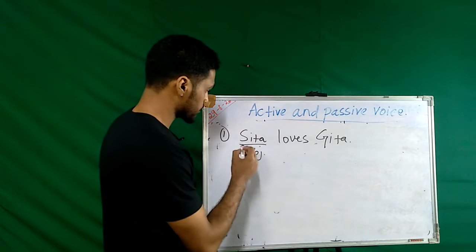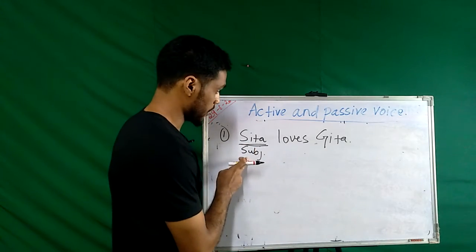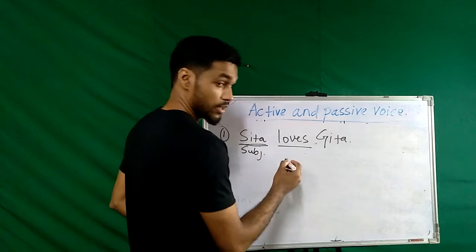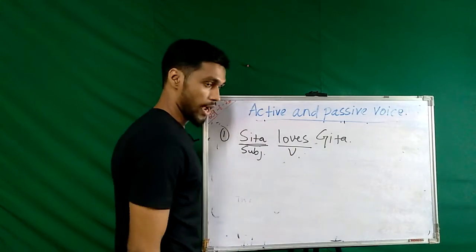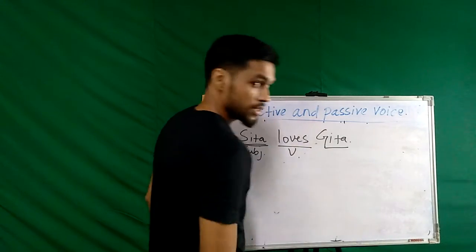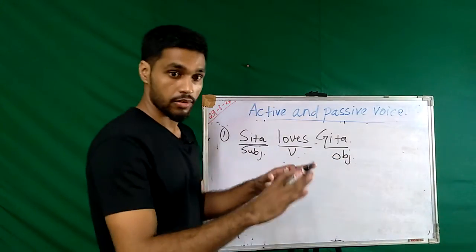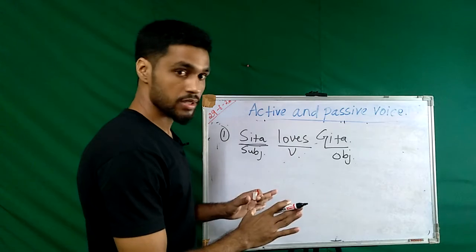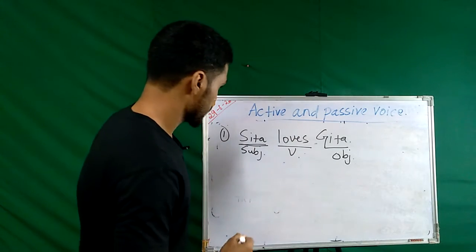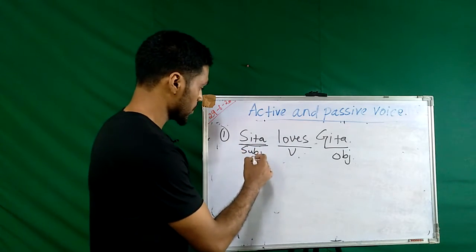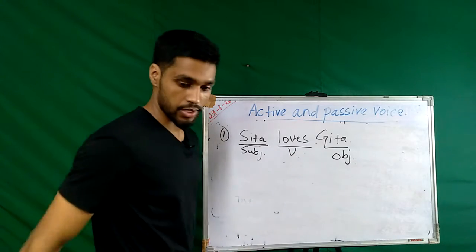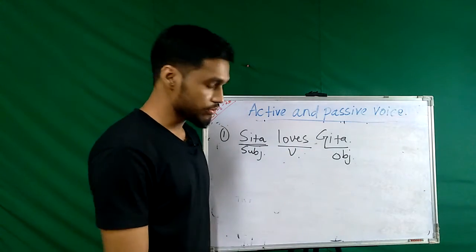Sita is the subject here, loves is the verb, and Gita is the object. The first step is done. And what is the second step?